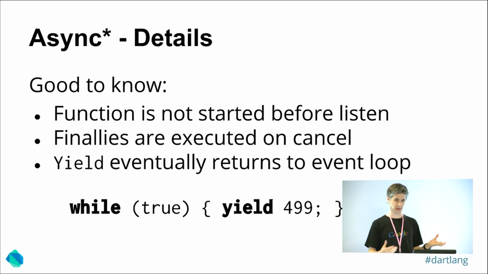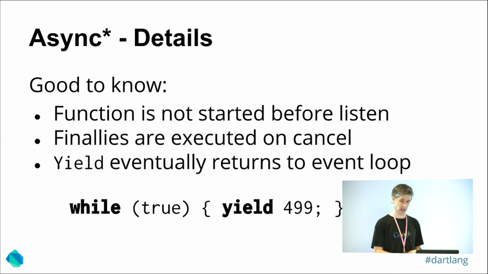So you can have resource handling like opening files, closing files in the finallies of a stream. And then just as an interesting note, because we discussed it for a long time, the yield eventually returns to the event loop. So in this example, for instance, you have a while true loop, which just yields 499, and you have different semantics possible. One is to say, we just continue running that loop and push the value into some buffer, and eventually you just die because you run out of memory.